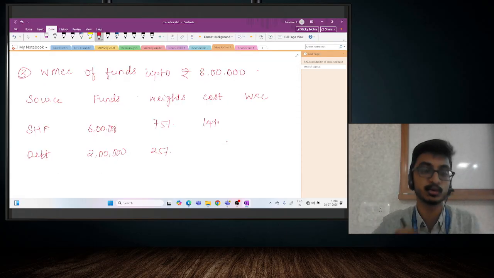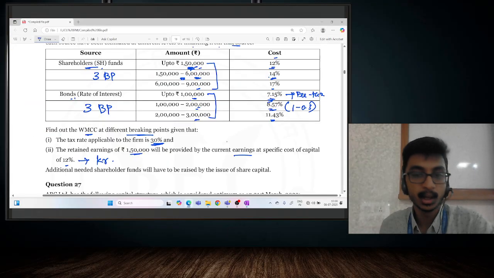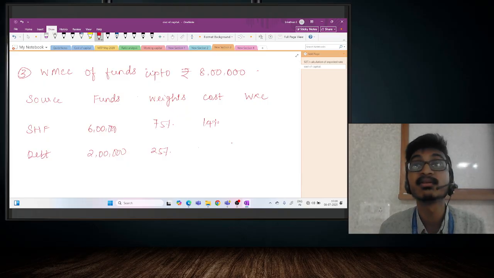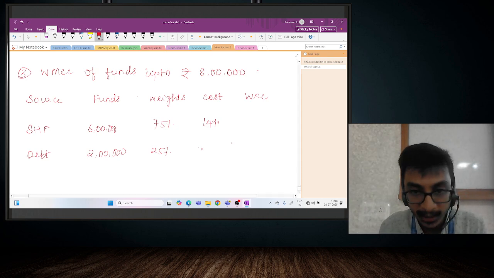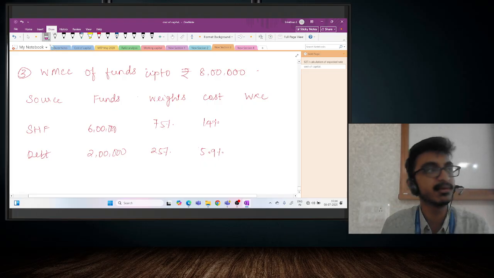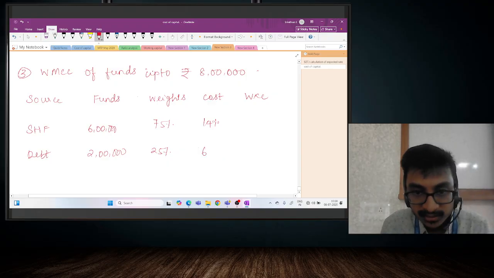We have to calculate post-tax. 8.57 into 1 minus 0.3. How much do we get? 5.9%. Yeah, if it is 5.999, we can round it to 6%.